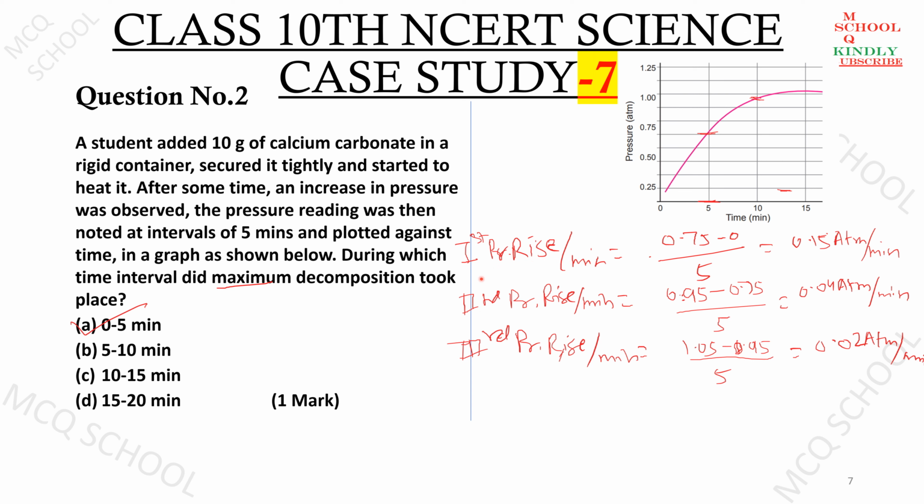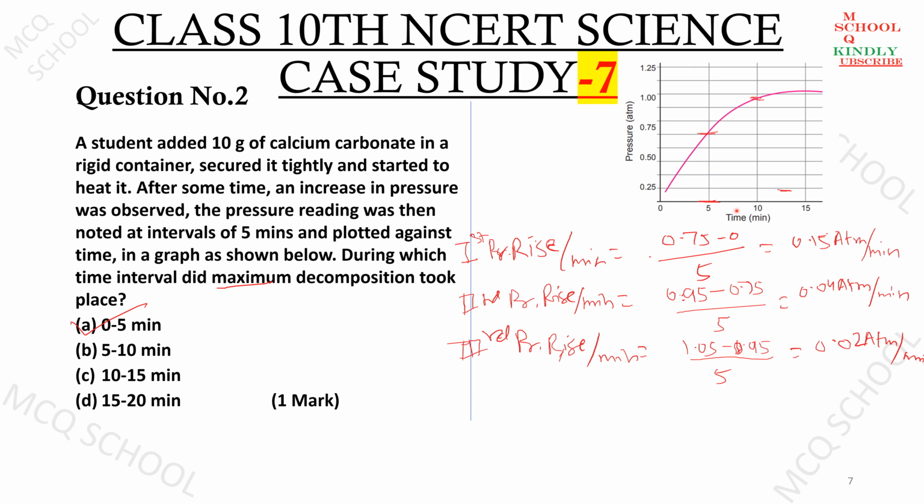In the first 5 minutes, the pressure rises from 0 to 0.75. So the pressure rise per minute is 0.75 minus 0 divided by 5, which is equal to 0.15 atmosphere per minute. In the second interval of 5 minutes, the pressure rises from 0.75 atmosphere to 0.95 atmosphere, so the pressure rise would be 0.04 atmosphere per minute.